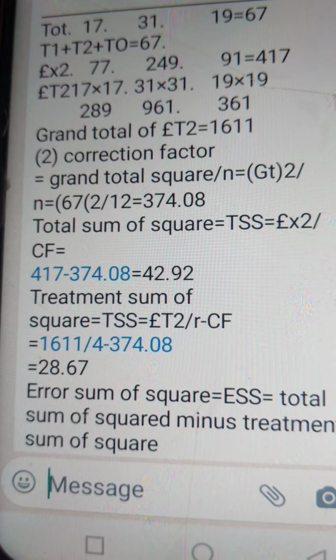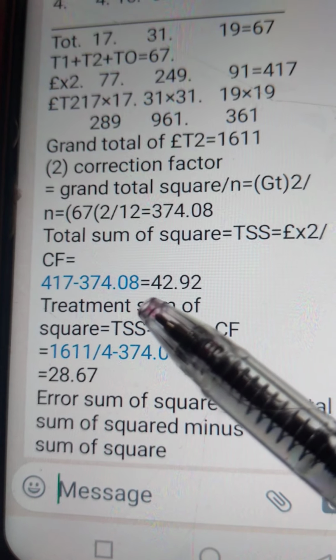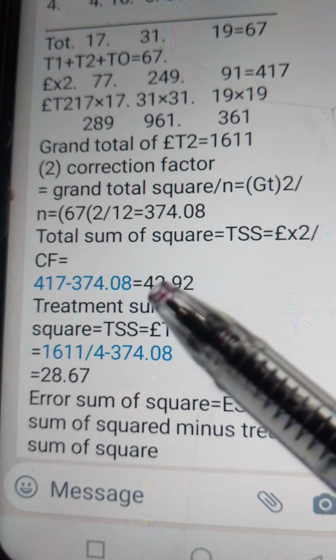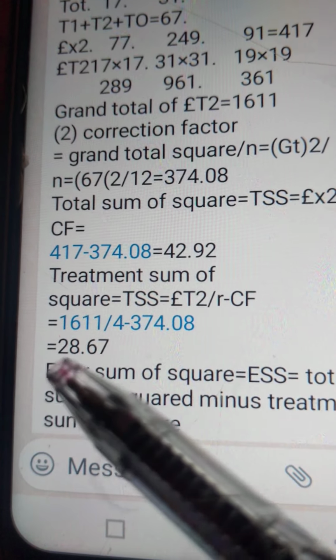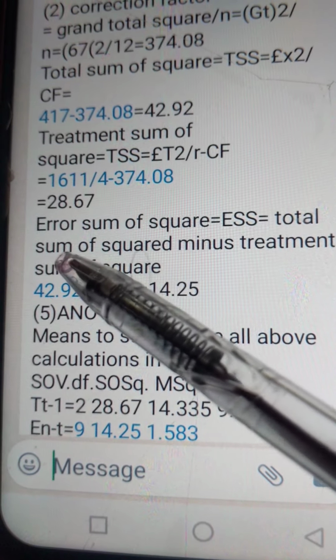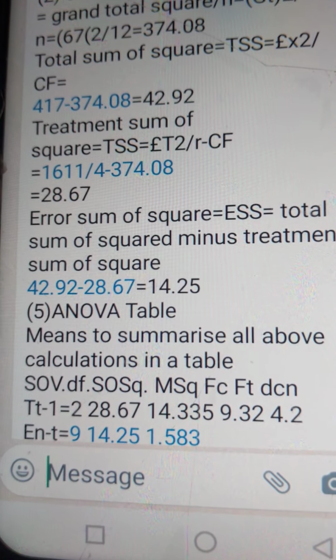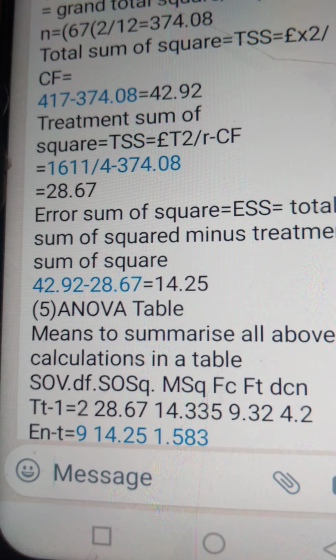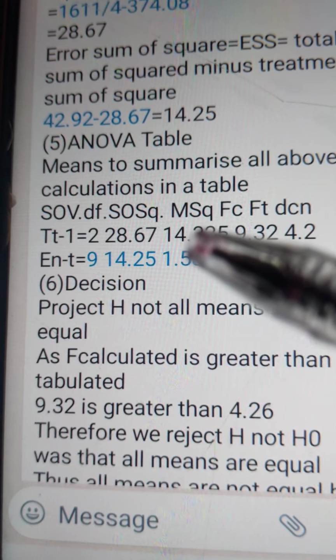Students, this is the total sum of squares and the treatment sum of squares, and this is the error sum of squares. Now let's move towards the ANOVA table. As you know, what is ANOVA?